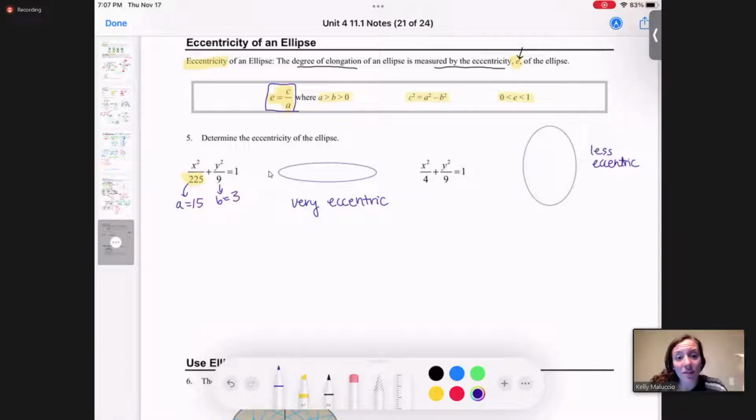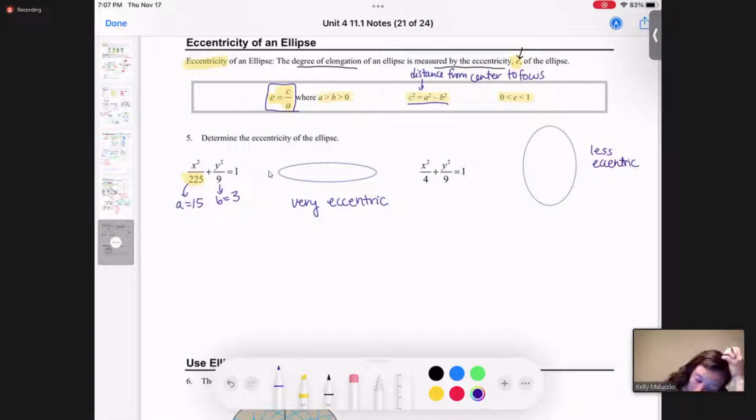This represents the distance from the center to the focus point. Since little e is C divided by A, if our foci are really large or really small, that is what's going to make a difference. So you're completely right.